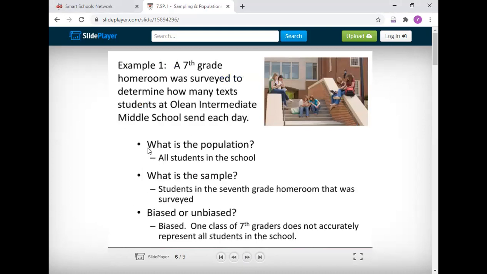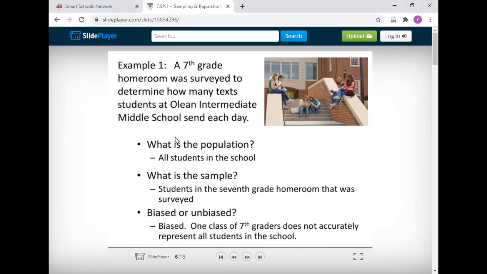Let's take an example. A 7th grade homeroom was surveyed to determine how many texts students at Olin Intermediate Middle School send each day. What is the population in this story? The population will be all students in the school, because we said at the beginning that we want to know how many texts students at Olin Intermediate Middle School send.